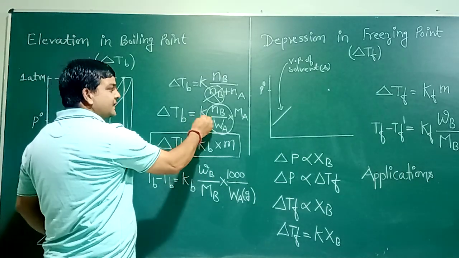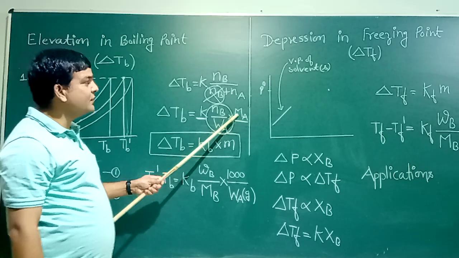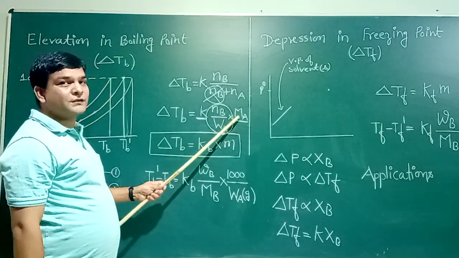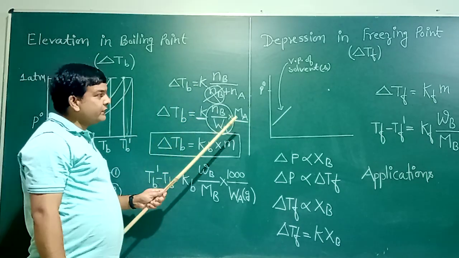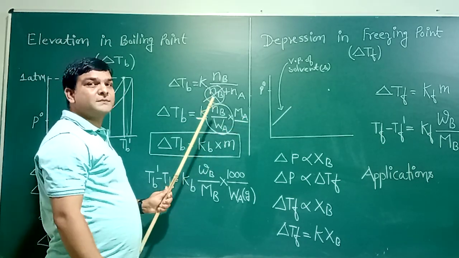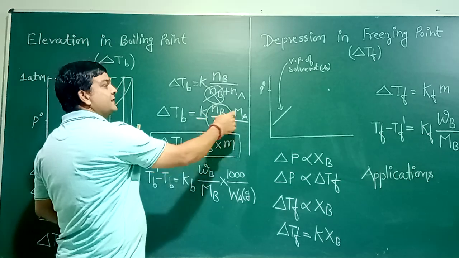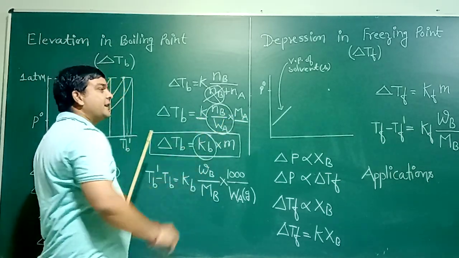Now K is a constant, and the gram molecular mass of solvent is always constant for a particular solvent. Like if it is water, it is always 18, and if it is benzene, it is always 78. So the product of these two constants is also constant, which is given as Kb.